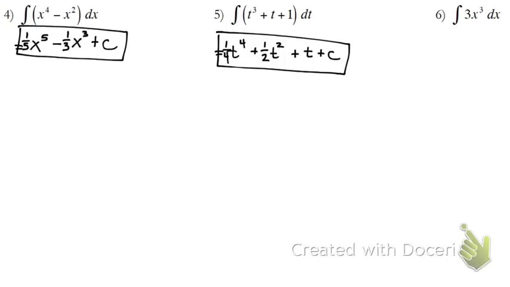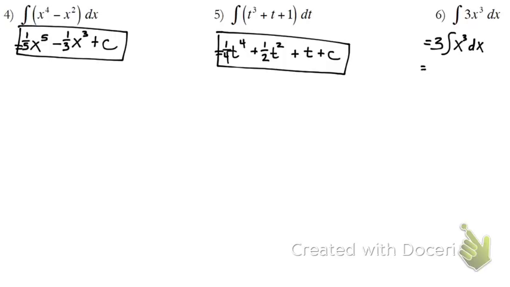Notice this next one. We have a 3 in front of it. So technically the correct mathematical notation would be to rewrite this first before you take the integral. So taking that 3 out of the integral and writing it as the integral of x cubed dx, and the 3 just comes out front.